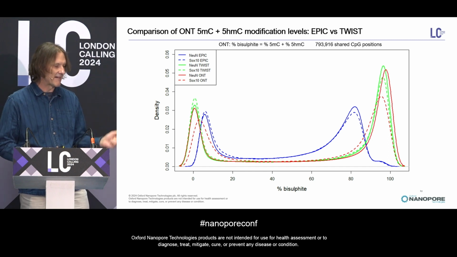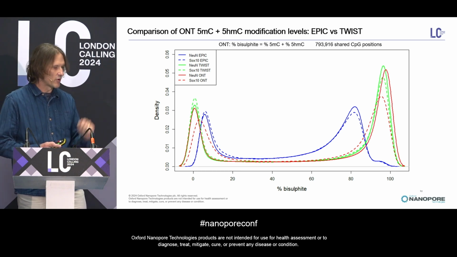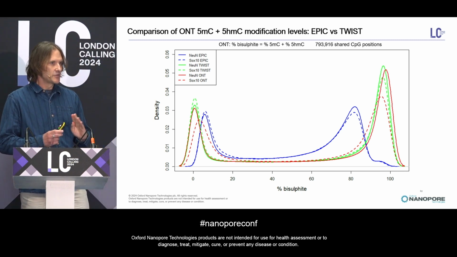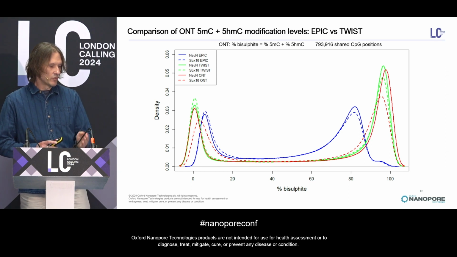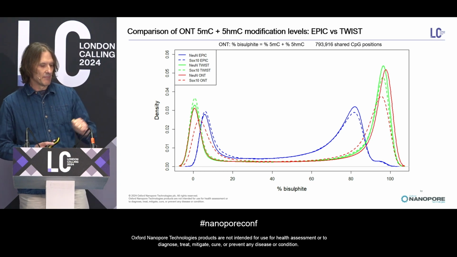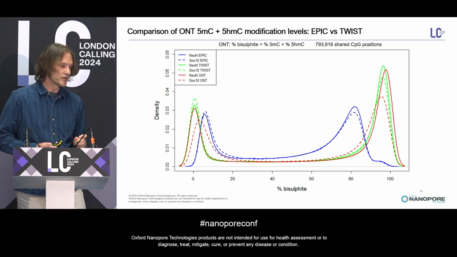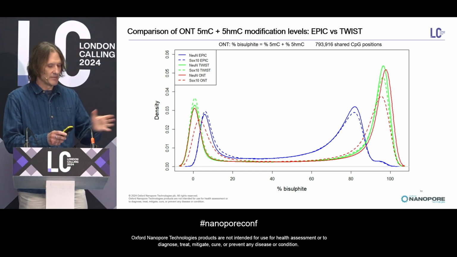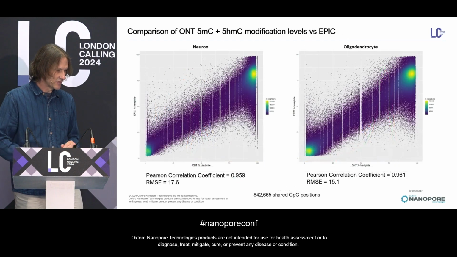So to make it comparable for the ONT, I've added together the methylation and the hydroxymethylation, so we get what I call bisulfite. And notice when you do that, you don't see any difference between the NeuN, which is the red line, and the SOX10, which is the dotted red line, because overall adding the methylation and the hydroxymethylation together is giving us the same sort of signal.